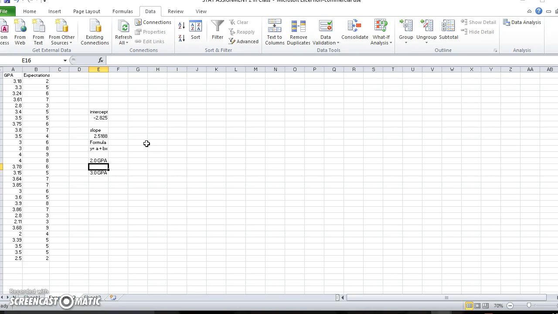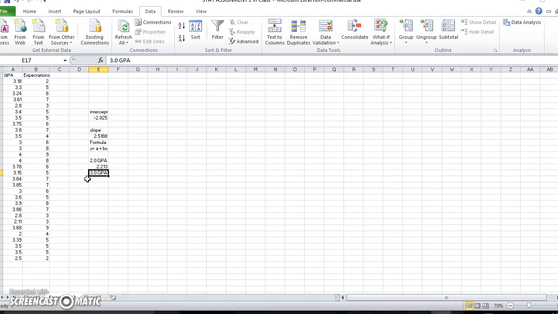To solve this, we would type equals our intercept, because that's our a, plus our b, which is our slope, times our x. Our x for this would be 2.0, so 2. And we get 2.21 as our predicted value.